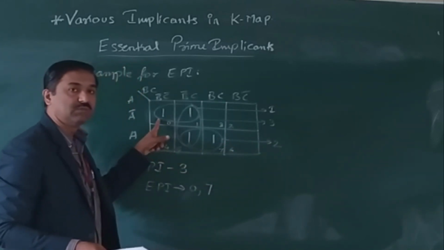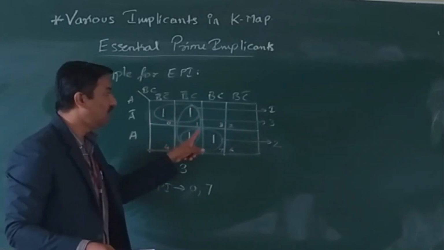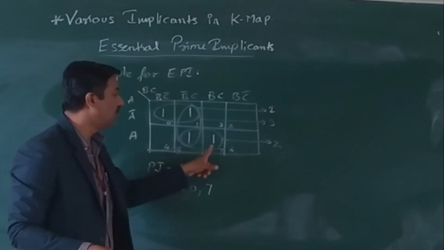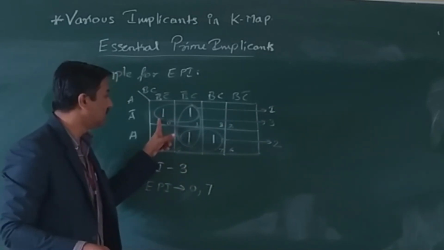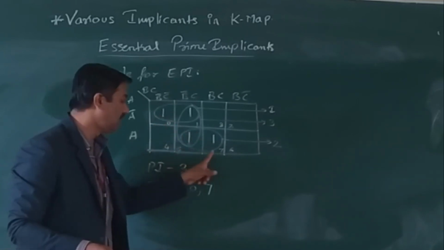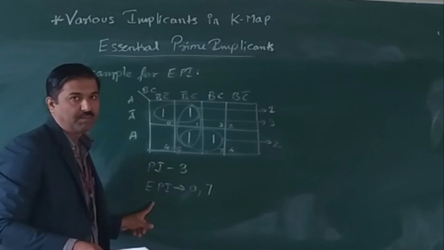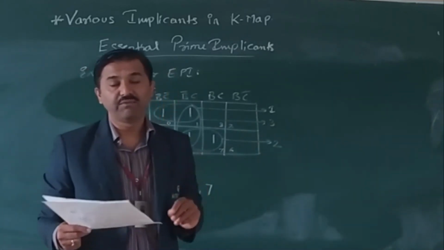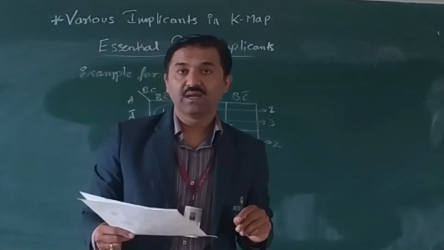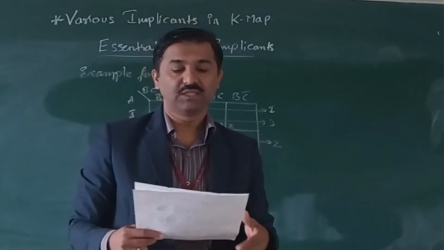Similarly, the one in cell number 0 is getting covered only in group number 1. So we consider these two ones, in cell number 0 and cell number 7, as my essential prime implicants. These are the important definitions for understanding essential prime implicants.